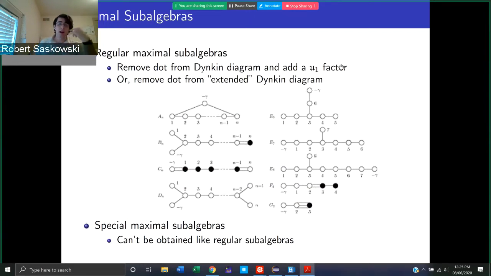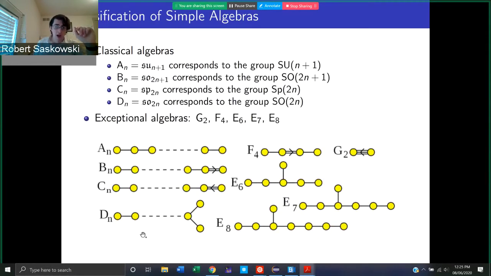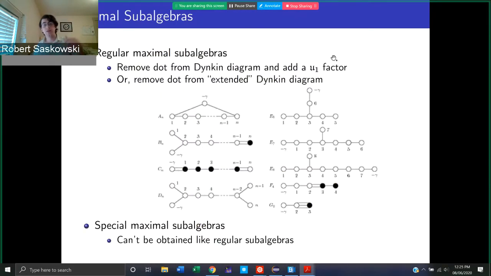Now, the way we get a non-semi-simple subalgebra is we just take one of these Dynkin diagrams and we remove a dot from it, any dot of our choice, and then add a U(1) factor. And this will give us some non-semi-simple subalgebra. And the reason it's non-semi-simple is because U(1) is not a simple factor.